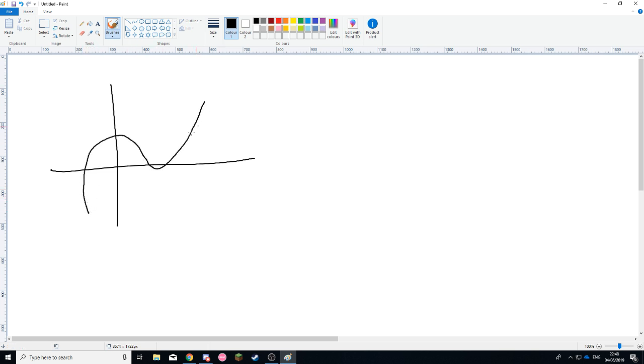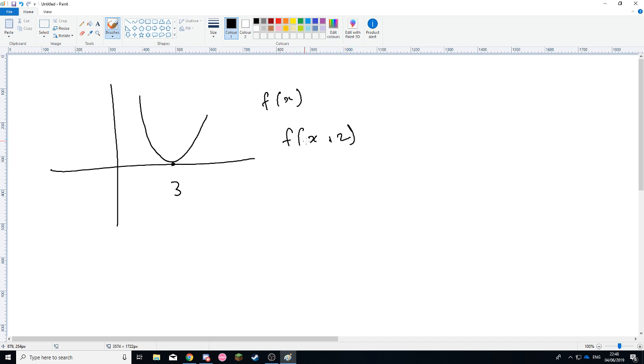Look, let's say this is a function f of x, and it has a root here at 1. Actually, let's simplify things. Let's just use a plain old parabola. This has a root of 3, for example. This is f of x. Zain, if I did something like f of x plus 2, the new root is going to be shifted to the left by 2, so it's going to be x equals 1.